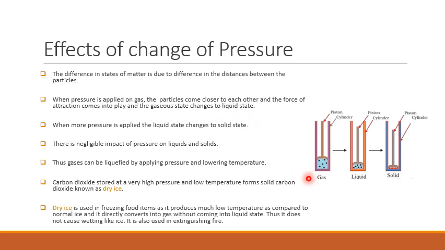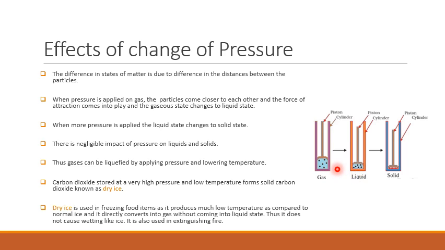So you can see here, if I put a gas in a cylinder, and then these are the gaseous particles which are far apart from each other. Now when I apply the pressure, the piston is pushed down, so I am applying pressure on it. So these particles, the space between them reduces and they come closer, and hence the gas turns into liquid state.